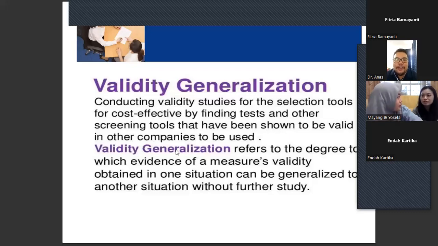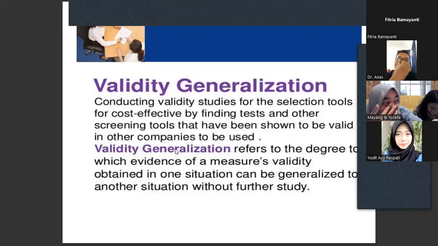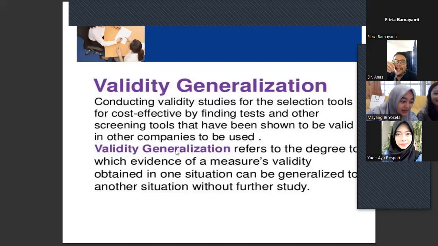What is the difference between introvert and extrovert? Never mind, you can speak bahasa Indonesia. I think Mayang is extrovert, I guess. Oh, you guess Mayang is an extrovert. What is an extrovert?